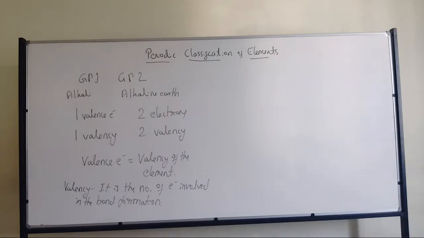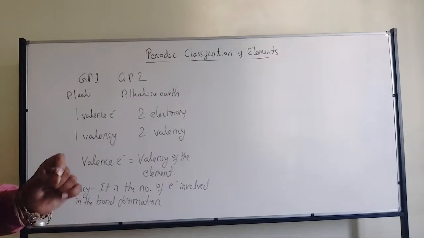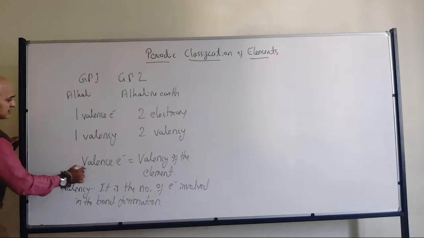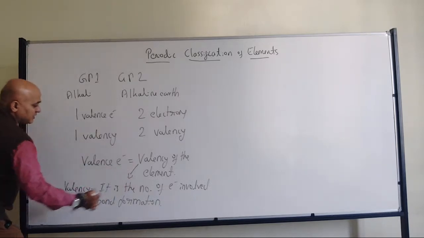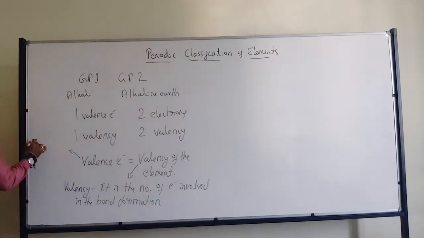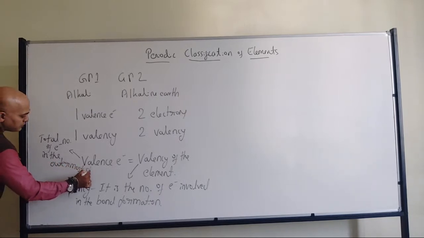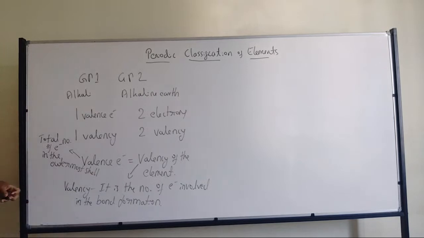What about valence? Valence electrons are the electrons present in the outer shell or outermost shell, that is, the total number of electrons in the outermost or valence shell.